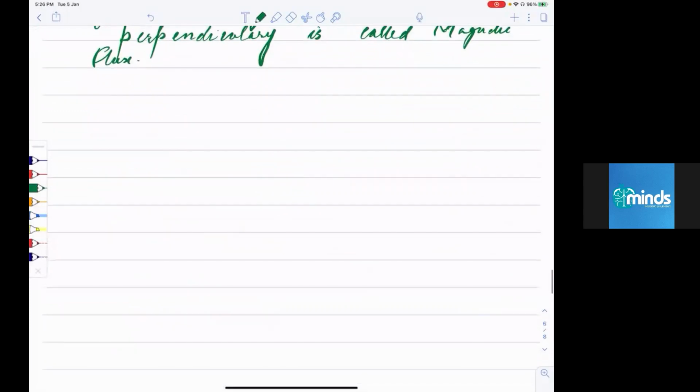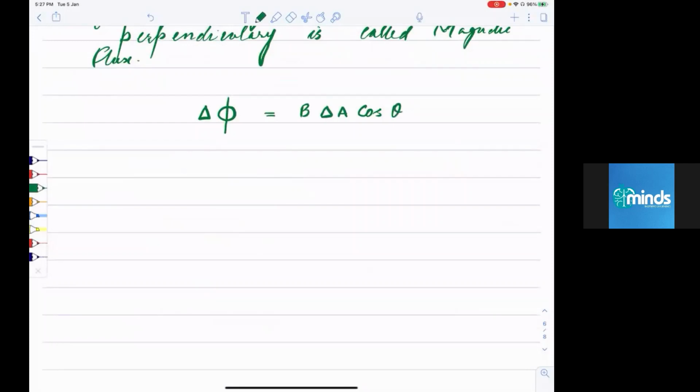Mathematically, magnetic flux is denoted by the Greek letter phi. I hope many of you are aware of this symbol. This is known as phi. Magnetic flux is given by B delta A cos theta.